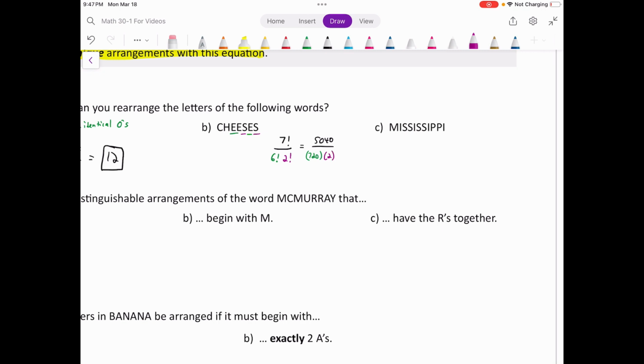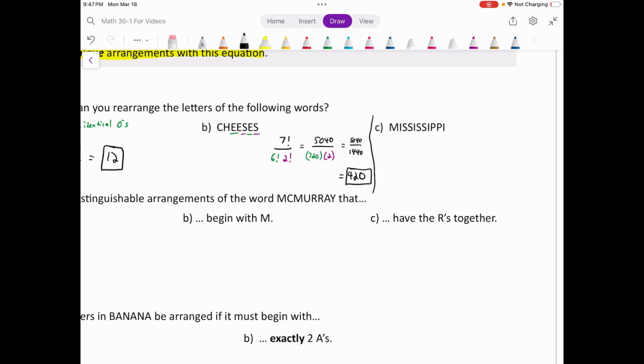Okay, giving us, if I divide 5,040 by 720 times 2, it's 5,040 over 1440, which gives us 420 unique arrangements. Okay, so yes, there's 5,040 ways to arrange 7 letters, but you'll only be able to tell 420 of them apart if you've got 3 identical letters and then another 2 identical letters.